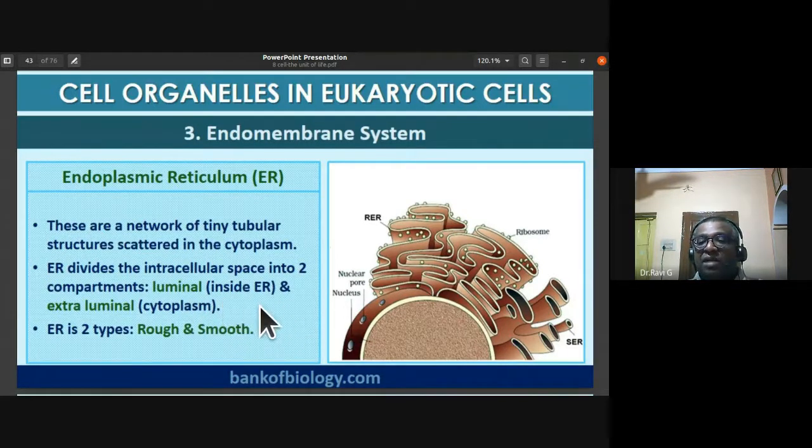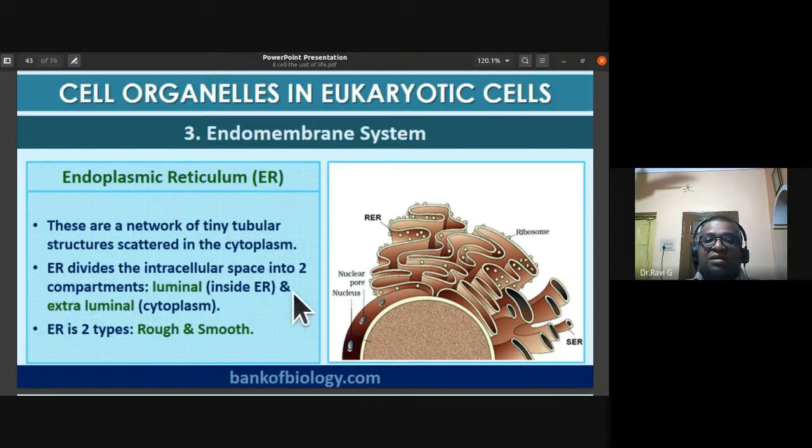The luminal compartment is the intracellular space inside the endoplasmic reticulum. Outside the endoplasmic reticulum, we call it the extraluminal or cytoplasmic space.